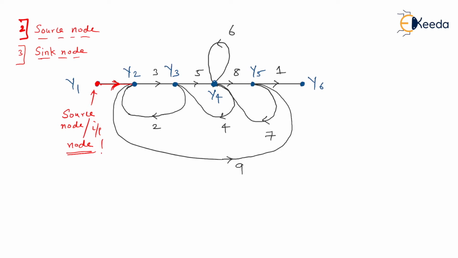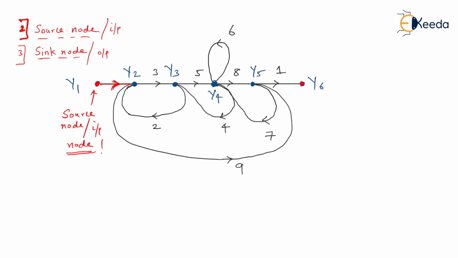Whereas a source node is also called an input node, I can say a sink node is an output node. Sink is the opposite word to source, right? So a sink node is that node which keeps on receiving from other nodes, but at the same time it makes sure that it is not sourcing anything. By observation you should understand y6 is the only node which is receiving, and it is not transmitting or sourcing anything to any node.